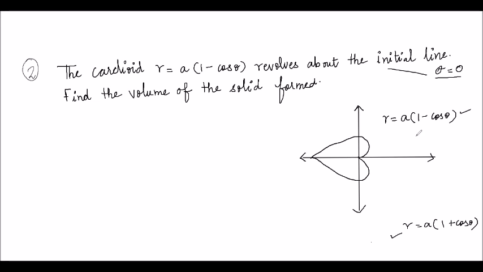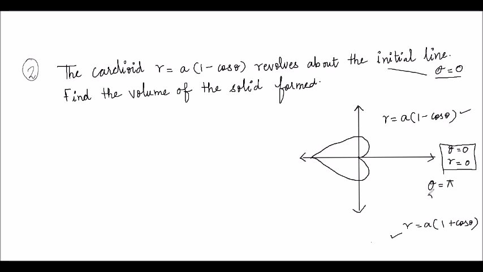Here, if we consider this cardioid, which is given in this problem, for theta equal to 0, what will be r? Cos 0 will be 1 and r will reduce to 0. So at theta equal to 0, r will be 0. And if theta is equal to pi, cos pi is minus 1.